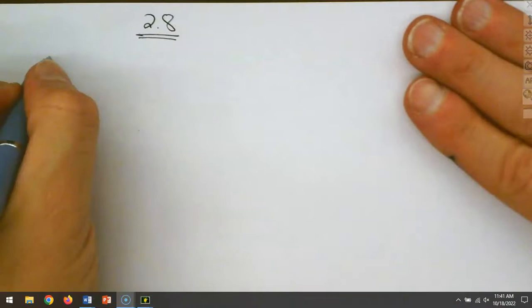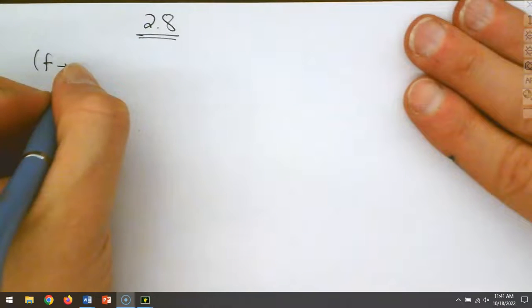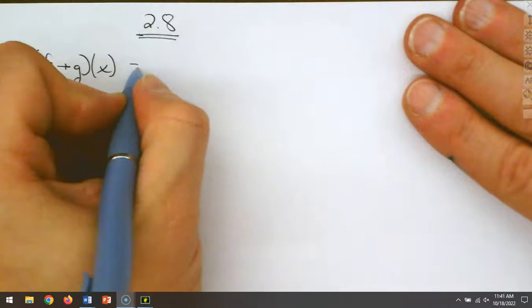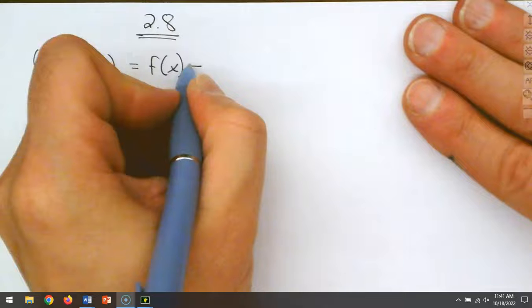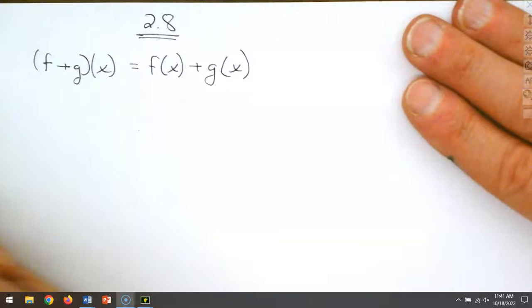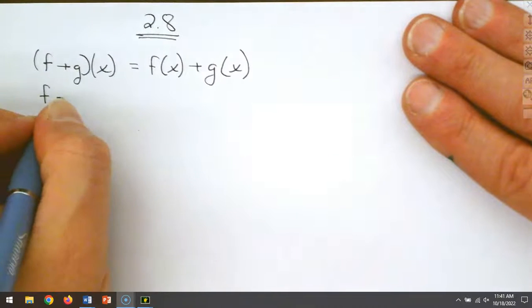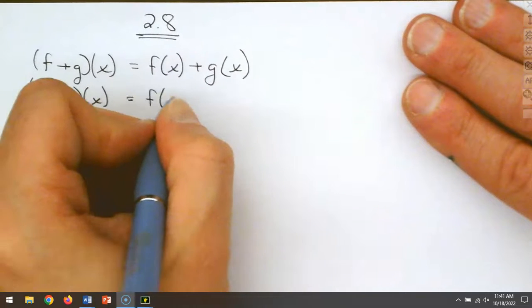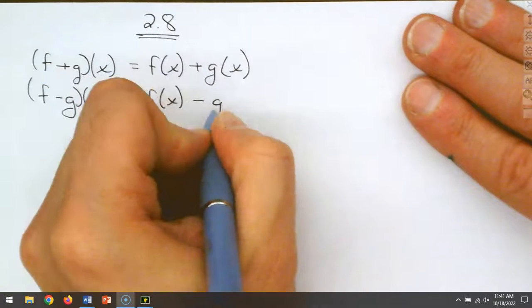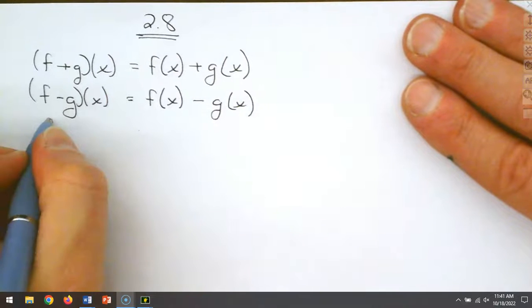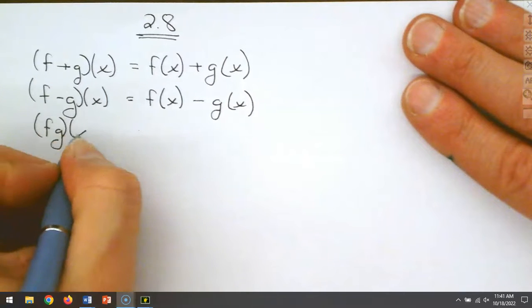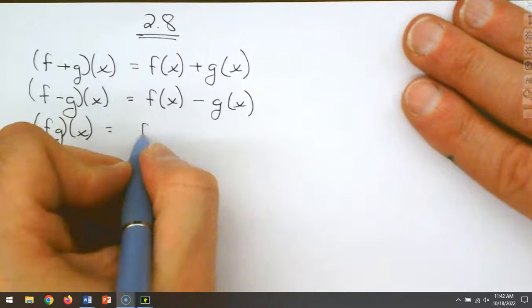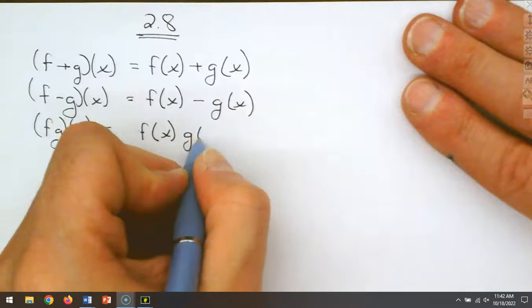Now, when we talk about functions, all the normal operations apply with the functions. So (f plus g)(x) is the same as f(x) plus g(x). We can subtract: (f minus g)(x) is f(x) minus g(x). Multiplication, (f times g)(x) is f(x) times g(x).